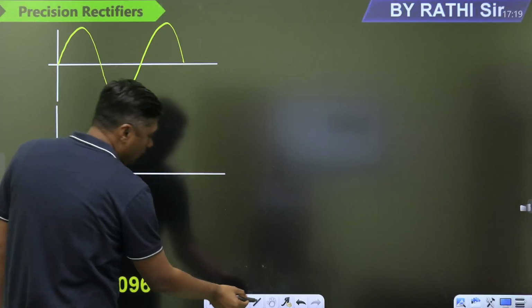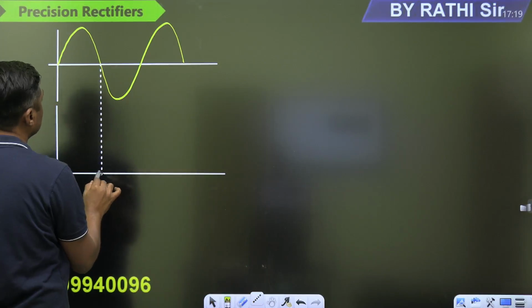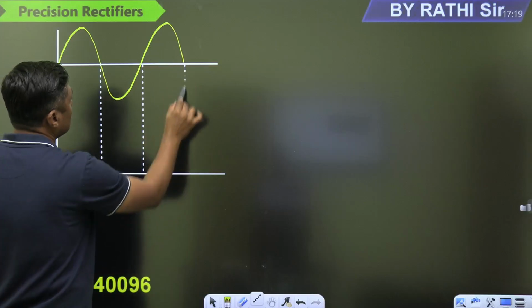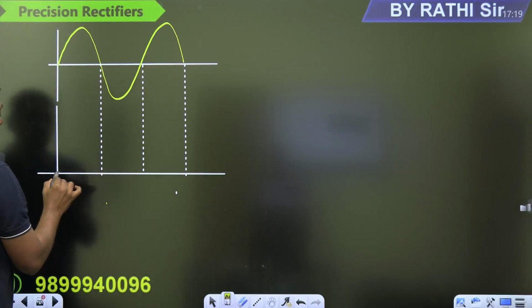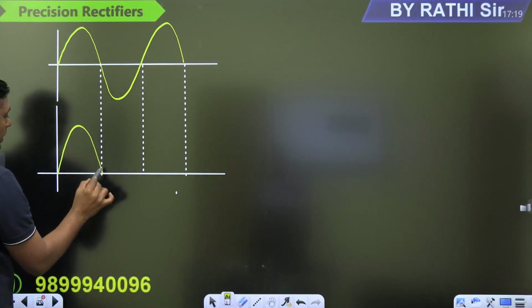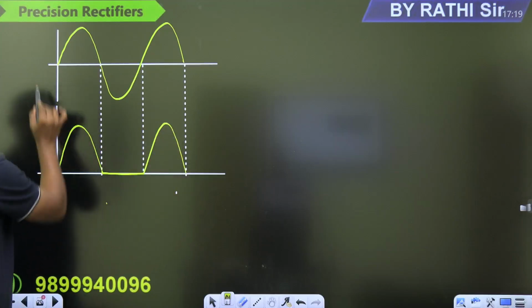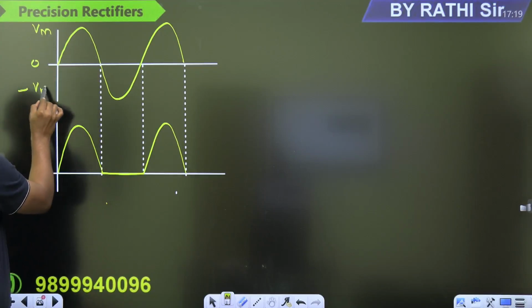Right now, for the positive half, we are getting the positive half. For the negative half, we are getting 0. So this is Vm, 0, minus Vm, and we are getting this one.